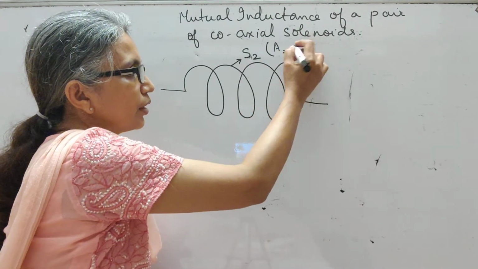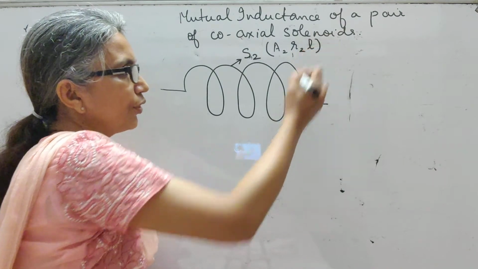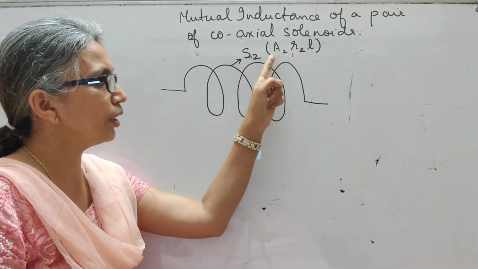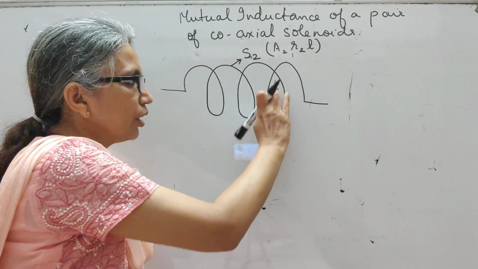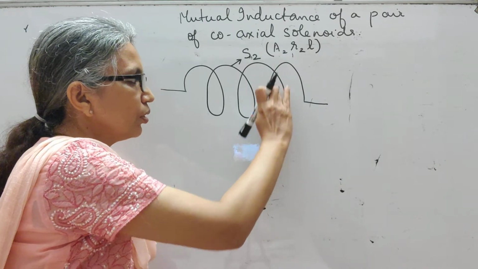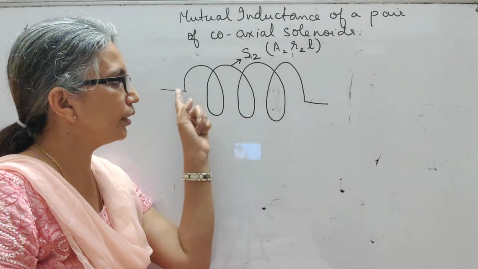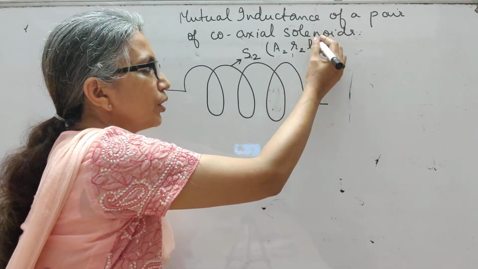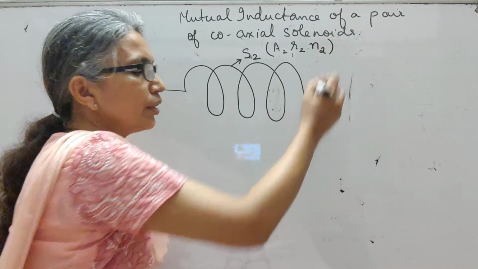Its radius is R2 and the length of the solenoid is L. So this huge one called S2 has an area of cross section, that is A2. It's got a radius R2, the length of the solenoid is L, and the number of turns per unit length is N2.